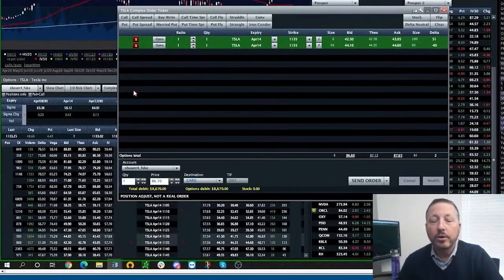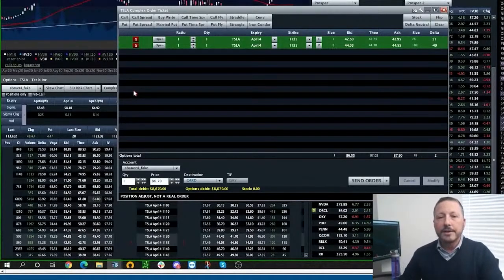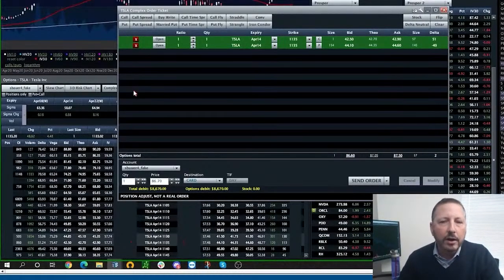We don't know what that move is going to be, but the market is telling us the size of the move with a 68% probability. Pretty good. So with the stock trading at 1135 and an $87 expected move, let's say we're bullish. We're going to target roughly 1220-ish.